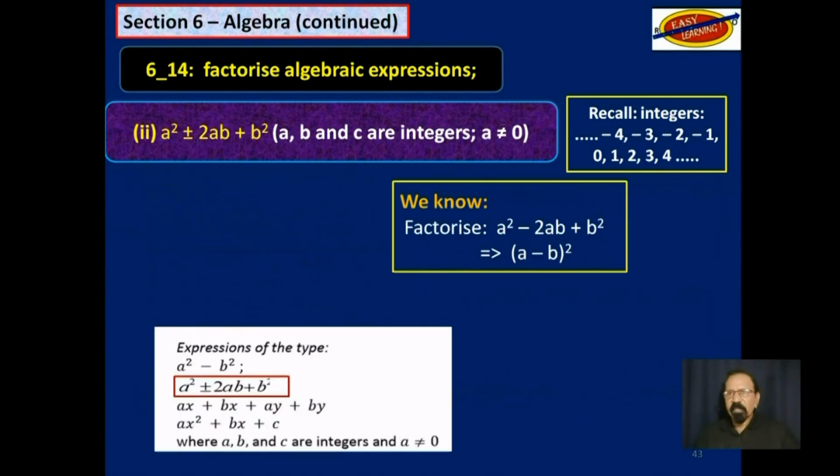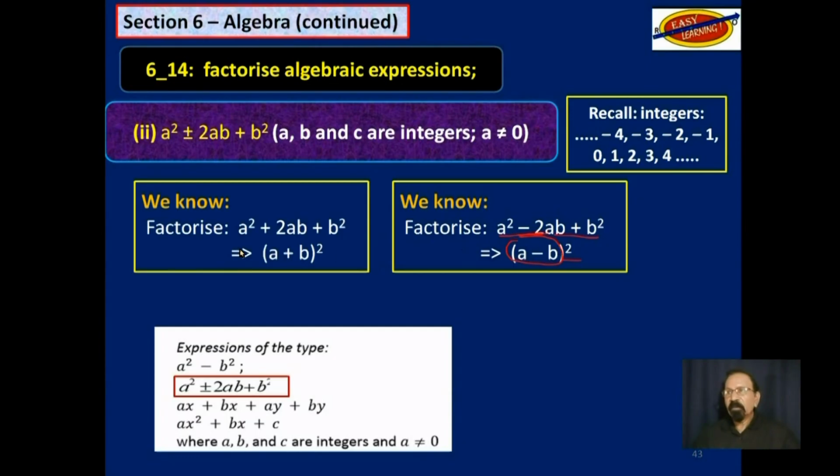So if we see anything like this, a squared minus 2ab plus b squared, we know it is a minus b squared. That's how you factorize it. You have to memorize this. And if you see anything like this, a squared plus 2ab plus b squared, then it is a plus b squared. That will take care of this.